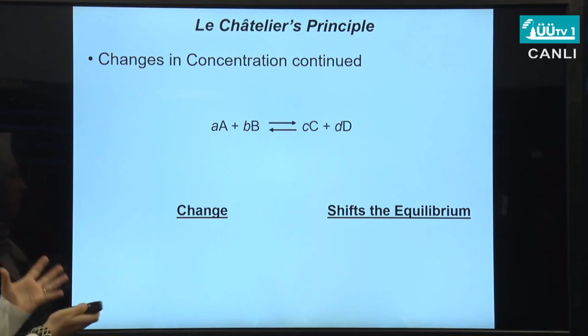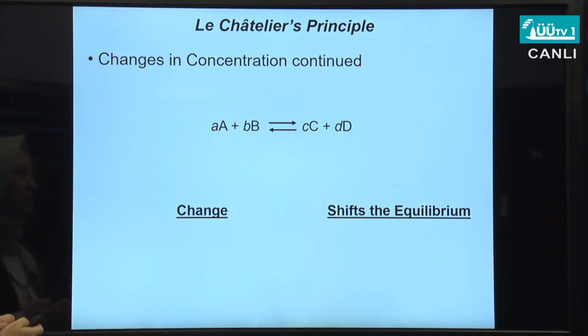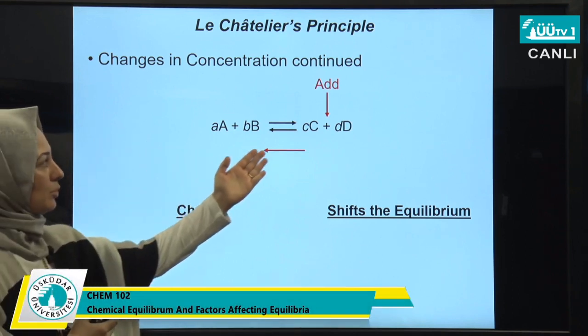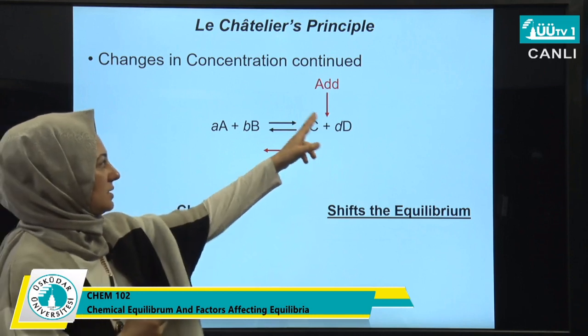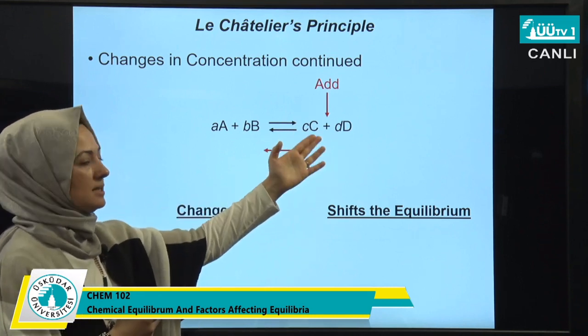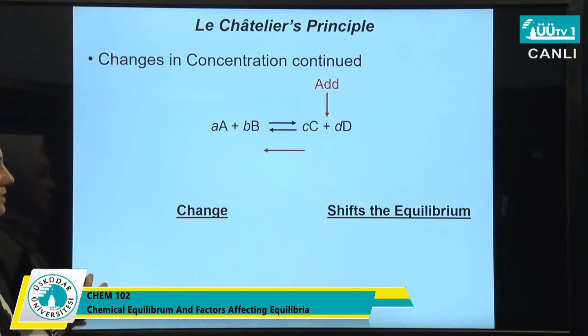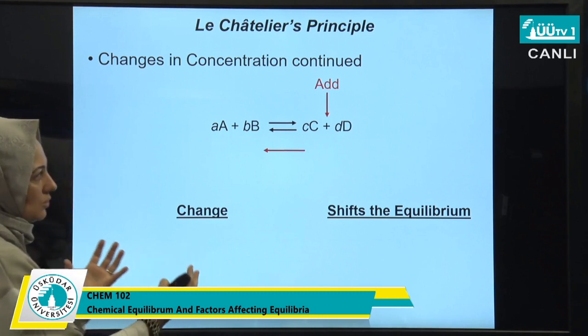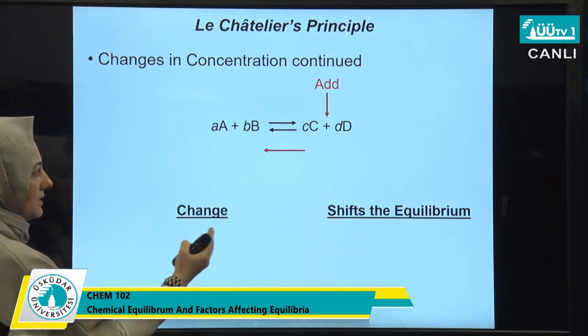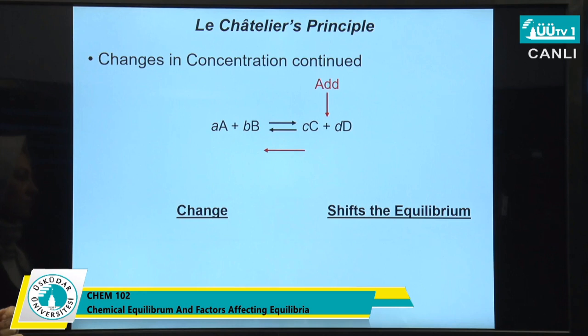Now, let's summarize the change in concentration for a general reaction like this. If you are adding products to your system, for instance, you are adding C or D, whatever. So the system, according to Le Chatelier's principle, will react in such a way that it will try to consume these added products. That's why it will shift to the left.